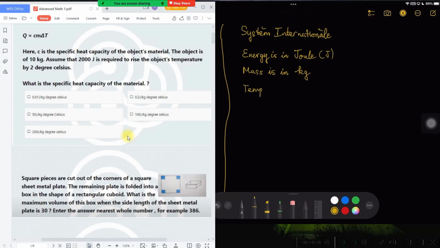Temperature is in Celsius, okay? Độ C. So based on this one, please calculate the specific capacity. Đó, các bạn tính đi cái C của nó đi.